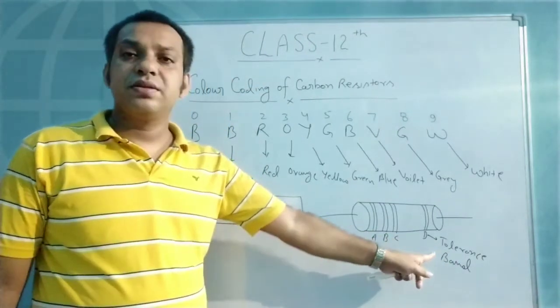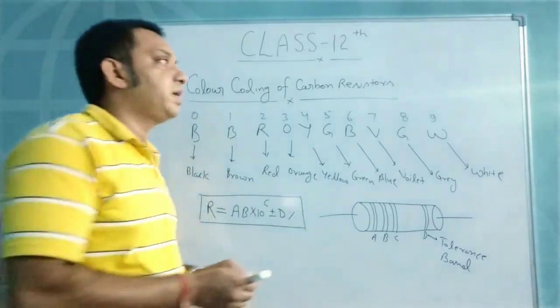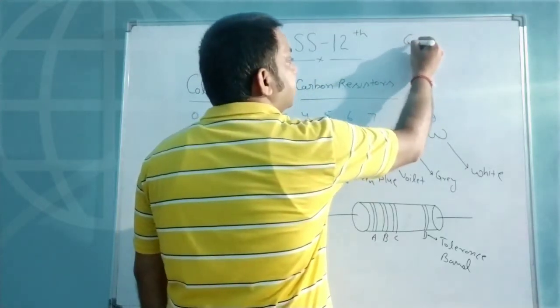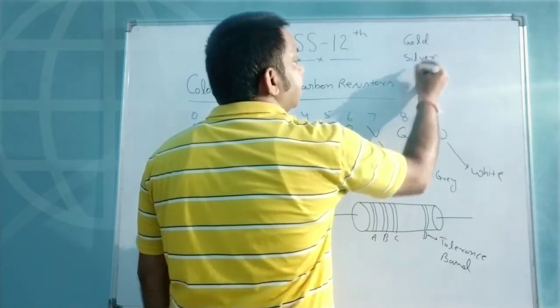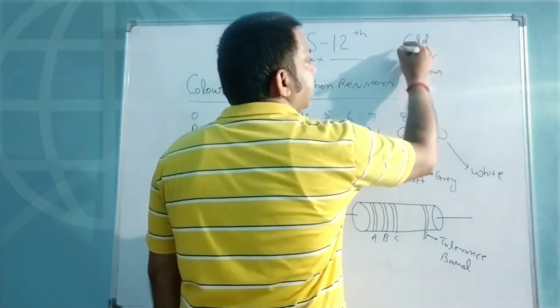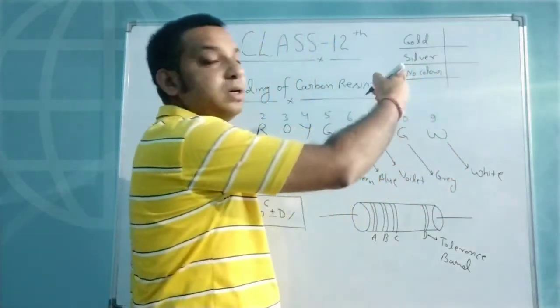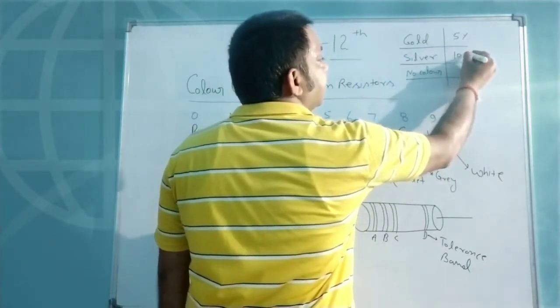For the tolerance band color, another chart is given, which is called the tolerance band chart. In this chart, there are three colors: gold color, silver color, and no color. For the gold color, it is 5%. For the silver color, it is 10%.